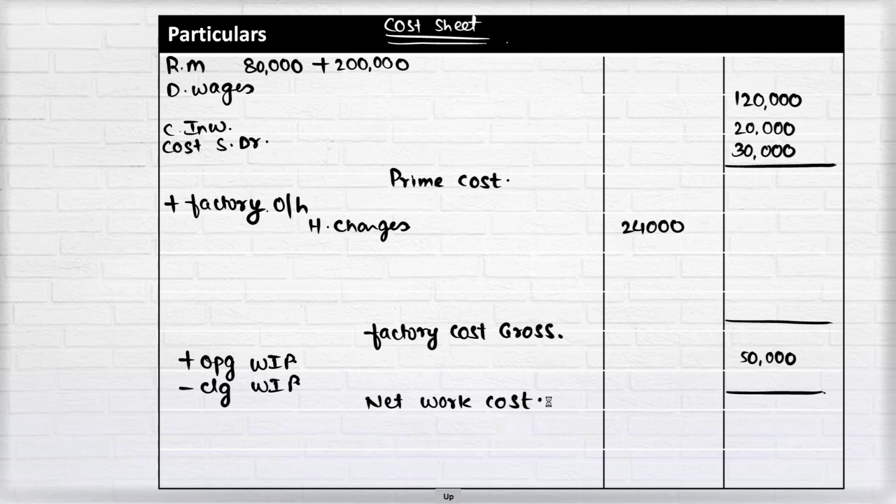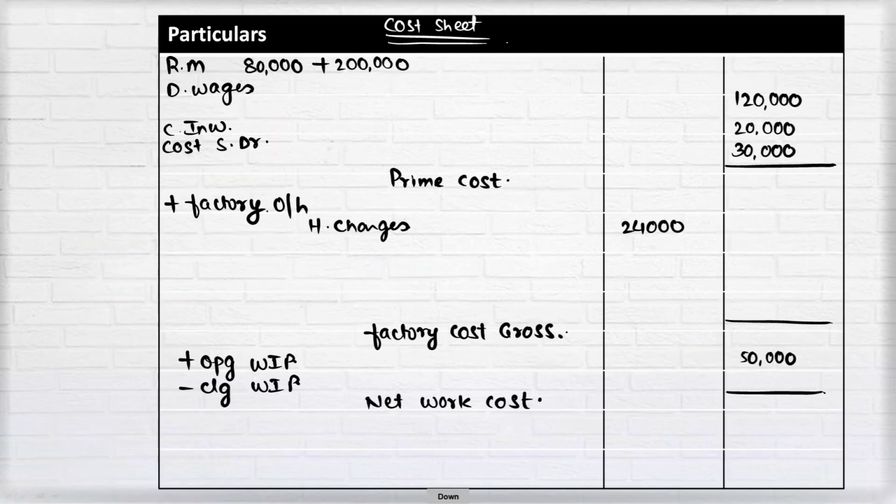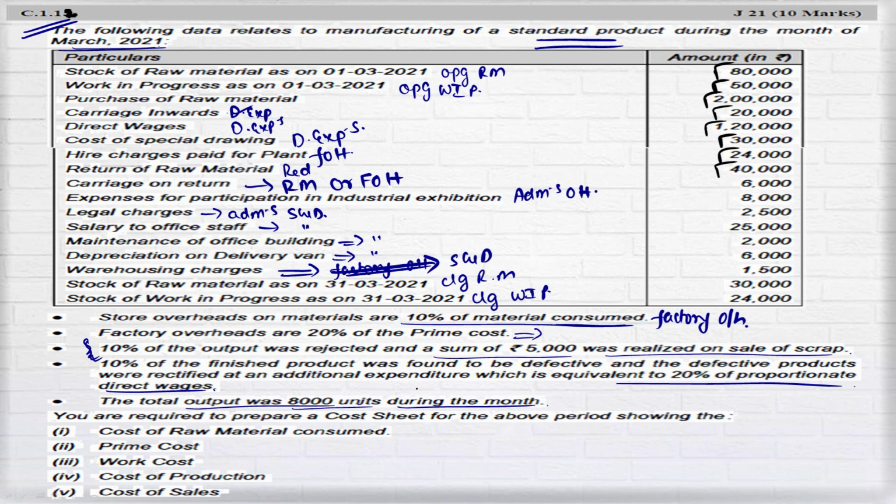Return of raw material. I should deduct it from raw material. It is 40,000. It is not closing, it is return.